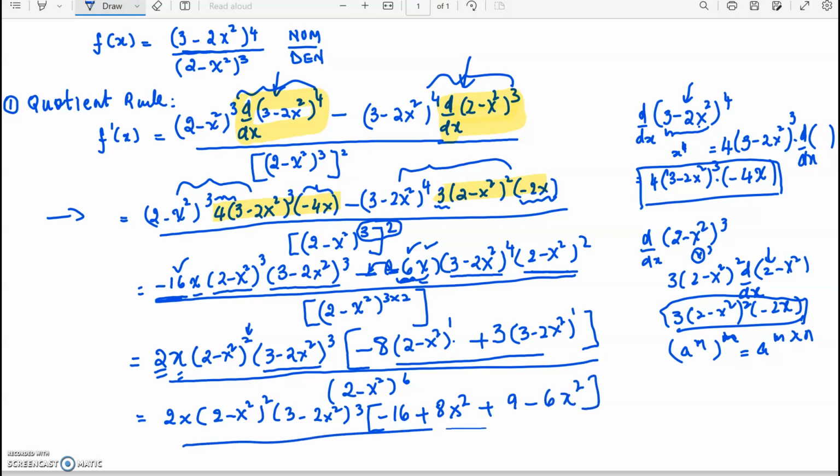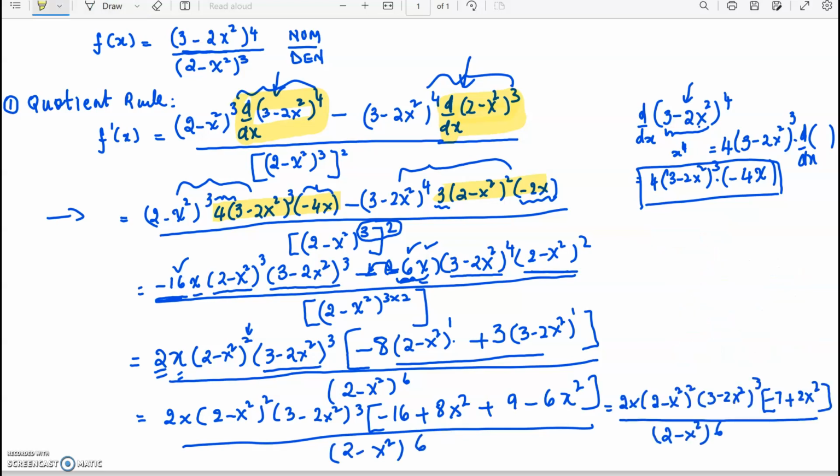The whole divided by 2 minus x squared whole to the 6th power. So when we simplify this expression, negative 16 plus 9 is negative 7, and 8x squared minus 6x squared is 2x squared.